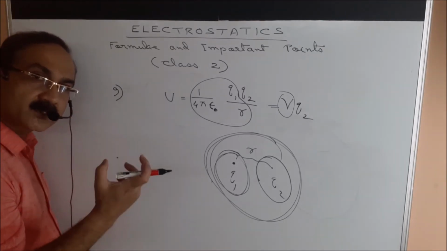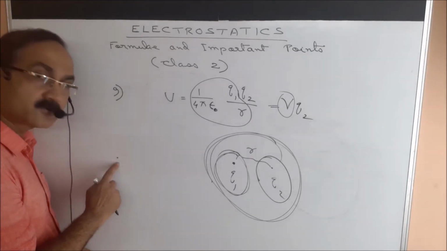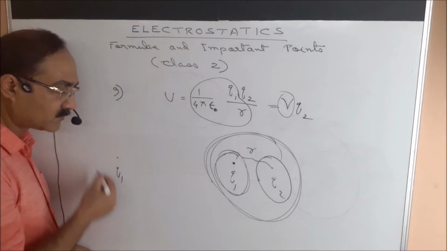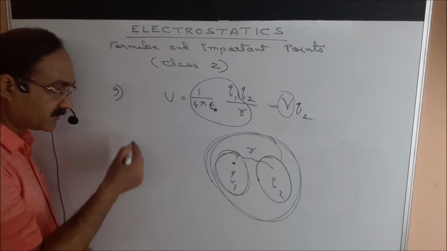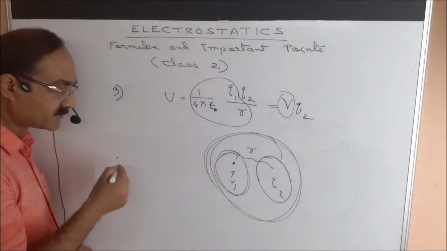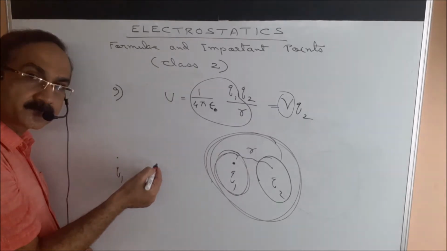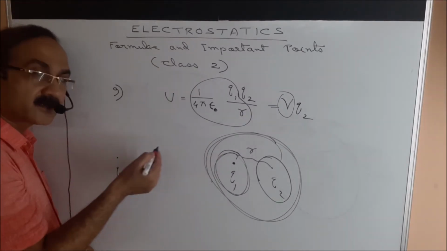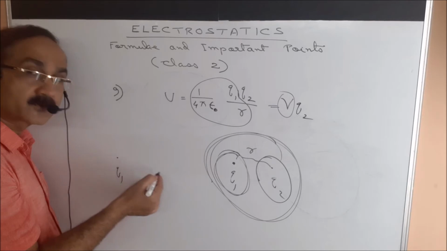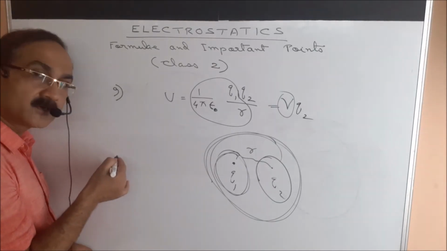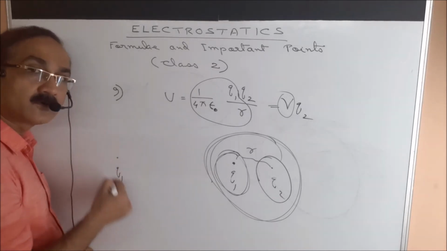So the potential energy of the first charge that you bring here is 0. If it is Q1, no work is done in bringing Q1, so potential energy of Q1 is 0. Only when you bring the second charge Q2, some work has to be done, so that will have some potential energy. So that potential energy plus this 0 makes the potential energy of the whole system.